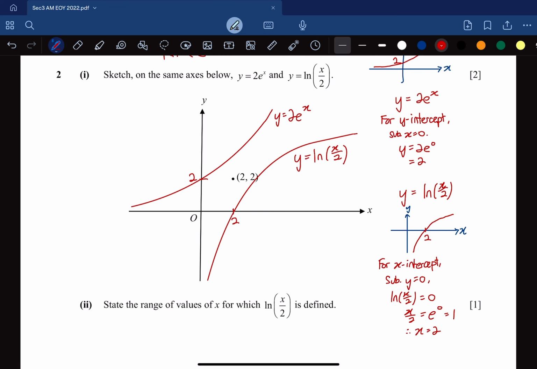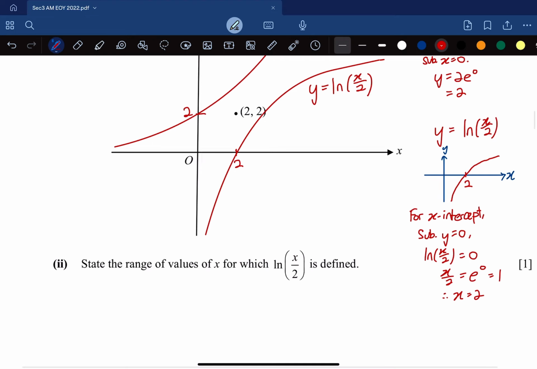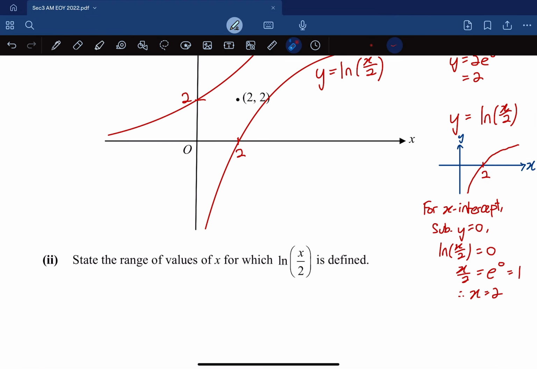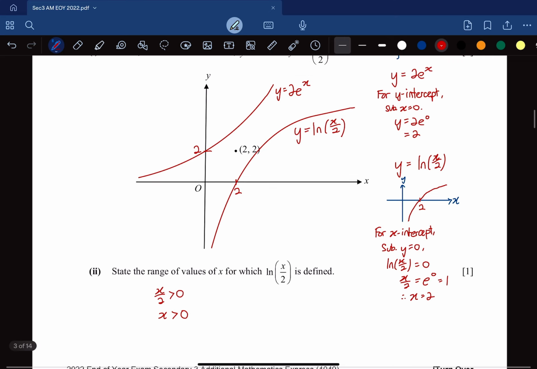And the next one, state the range of values of x for which the ln function is defined. We know that for any ln function to be defined, this number here must always be strictly positive. So x/2 must be strictly positive. Therefore, x must be strictly more than 0. So this is the solution to question 2.